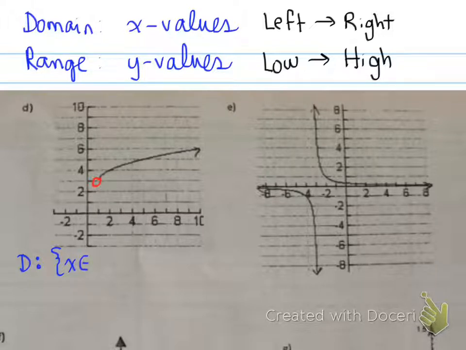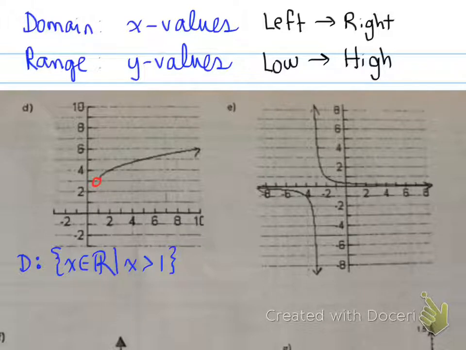Well, x belongs to the reals such that x is, that's right, greater than or equal, not equal. Aha, tricked you. Not equal. Why is it not equal? Because it's an open circle. It's just greater than 1. So it starts at 1 and goes greater than 1, which means it goes to infinity.